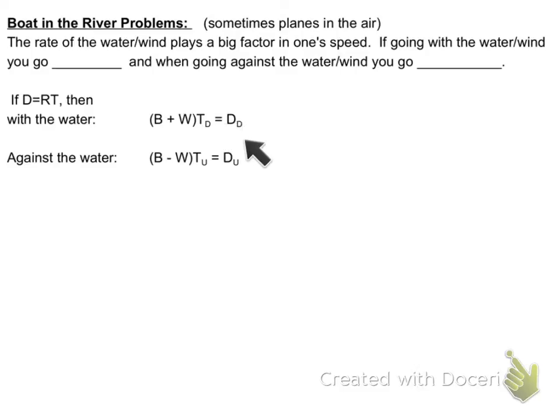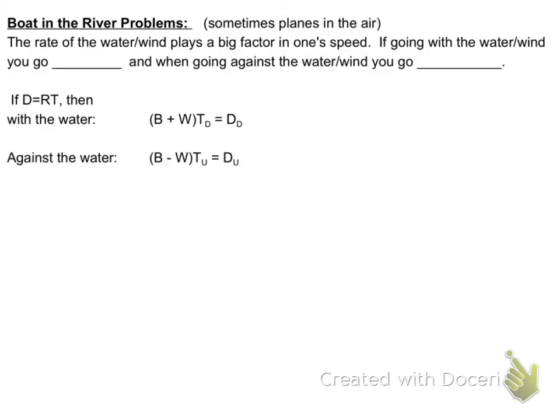They look like O's. D's and U's, down and up, is what it stands for. Because each time you're going up or down the river, things are different. Your speeds, your times, possibly your distances going up or down are different. But they will be connected at the end.